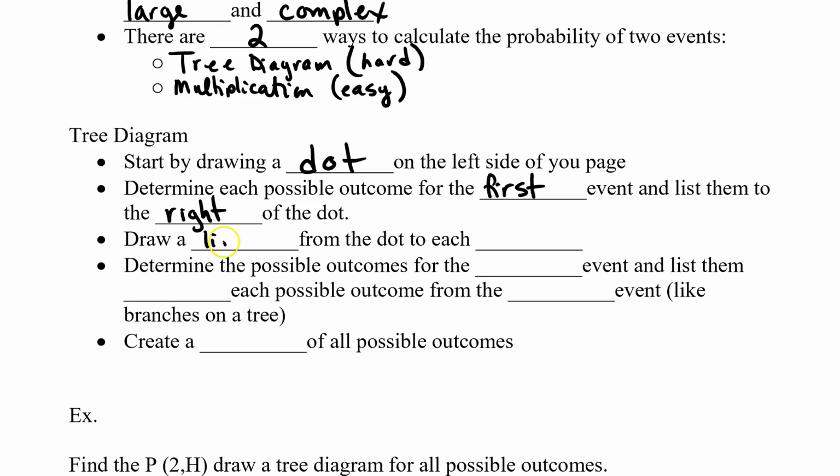Draw a line from the dot to each outcome. Determine the possible outcomes for the second event and list them around each possible event.